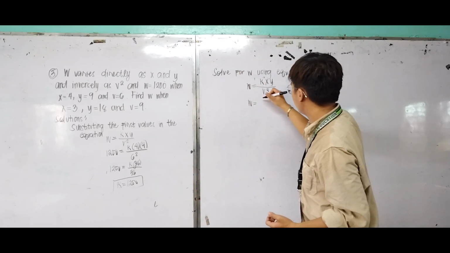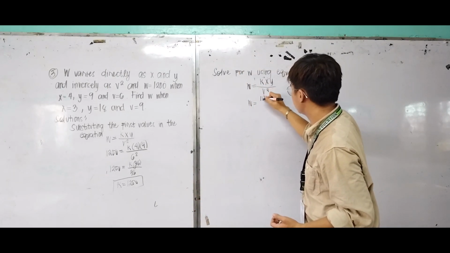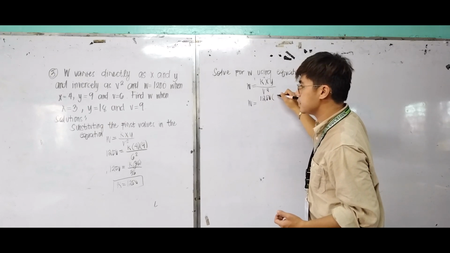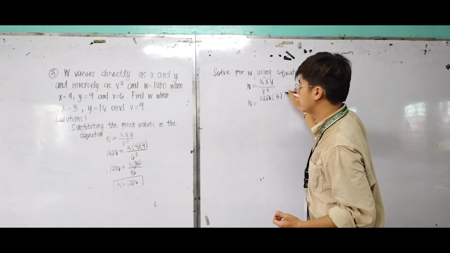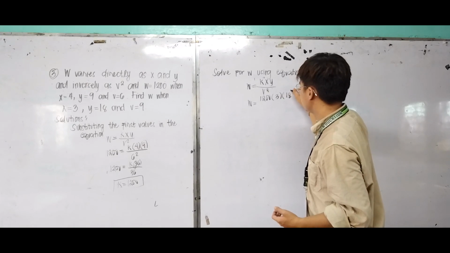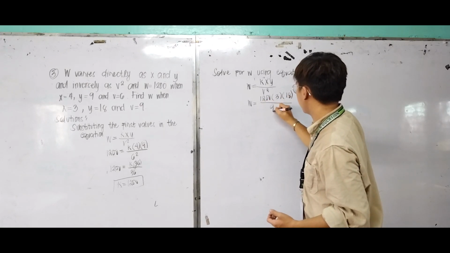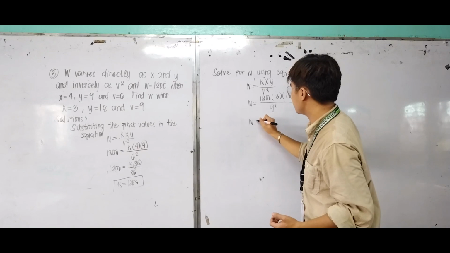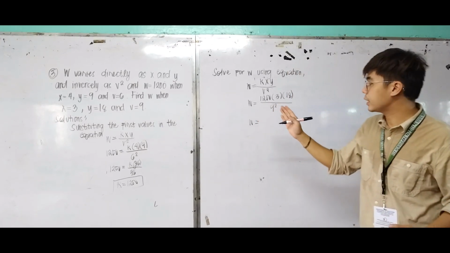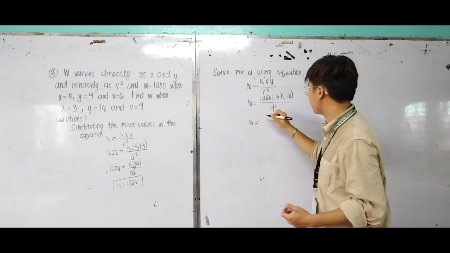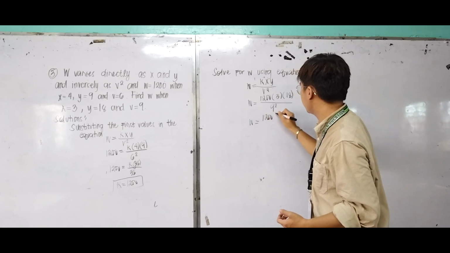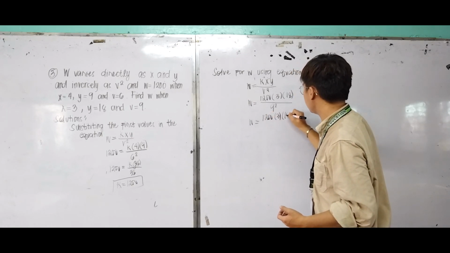So we have 1200 times 3 times 18 over 9 squared. So we just need to simplify the given terms in the right side.